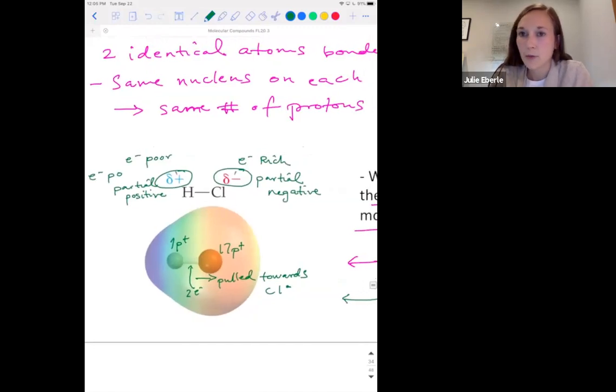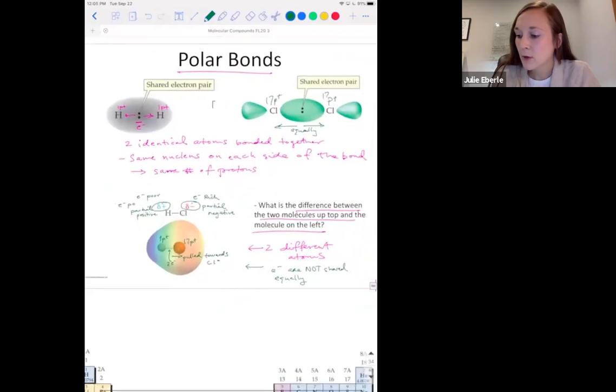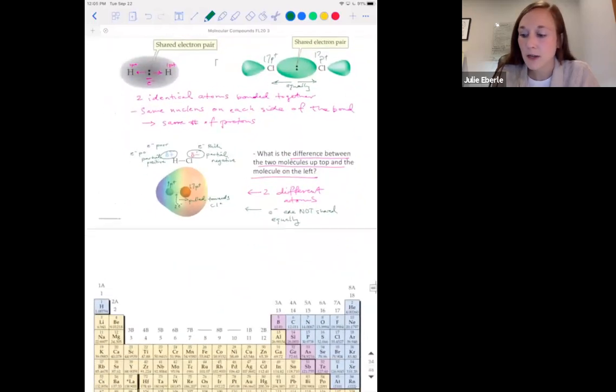So a little delta with a plus sign, you assign the atom that is, well, it's not pulling the electrons toward it as strongly. You assign that with a partial positive, you assign the atom that has more protons in its nucleus, and therefore it's pulling electrons towards it with a partial negative. So, all right, that's how we define polar bonds, and we'll get into the rest of the content.